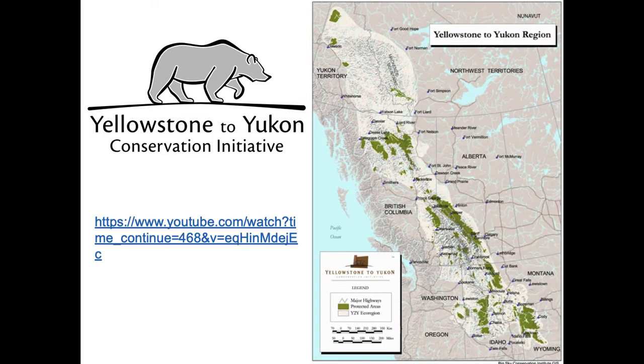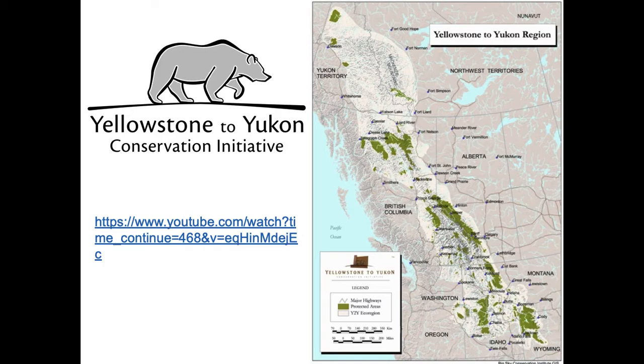So I'm going to have you watch a video on the Yellowstone to Yukon Conservation Initiative, and they'll talk more about the goals of this project. But the idea is to connect the Yukon Territory up here all the way down to Yellowstone to create this large network of reserves to maintain connectivity and to preserve the most biodiversity possible.